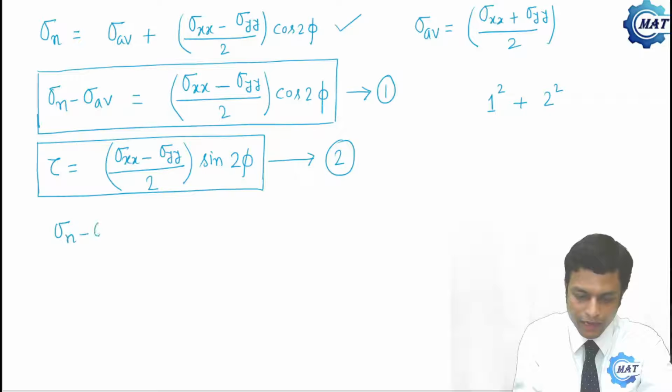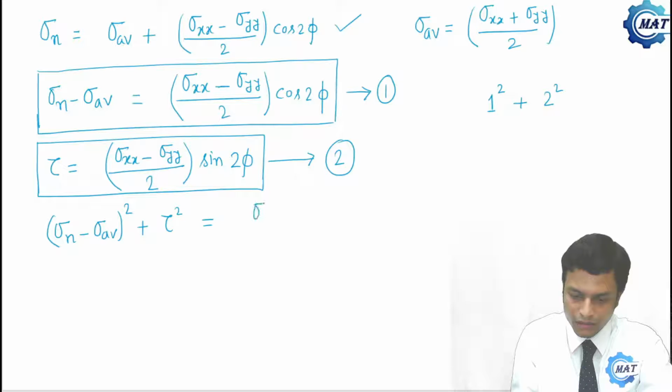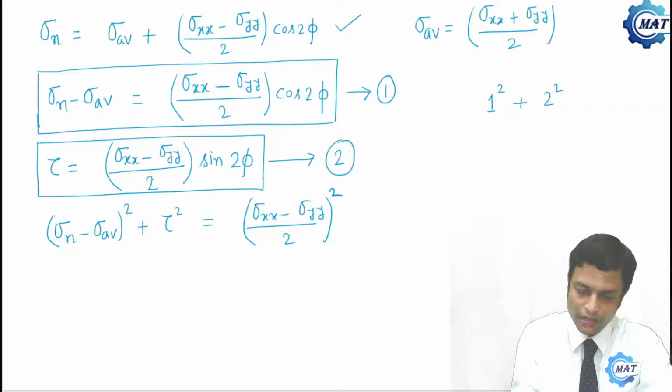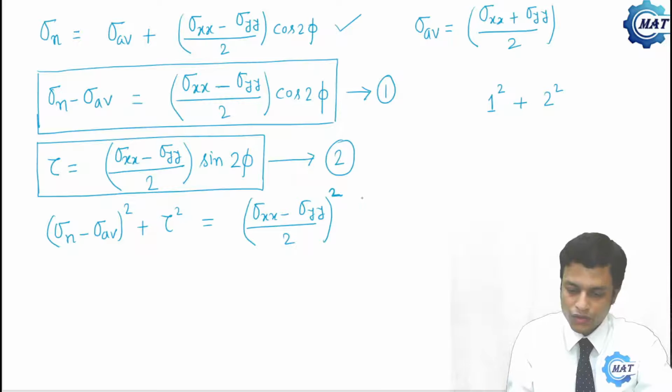Sigma n minus sigma average whole square plus tau square is sigma XX minus sigma YY by 2 square, into cos square 2 phi plus sin square 2 phi.